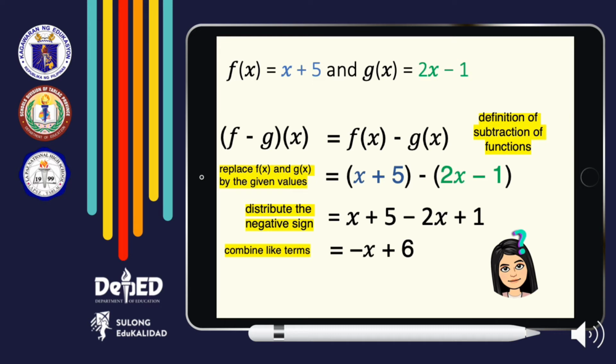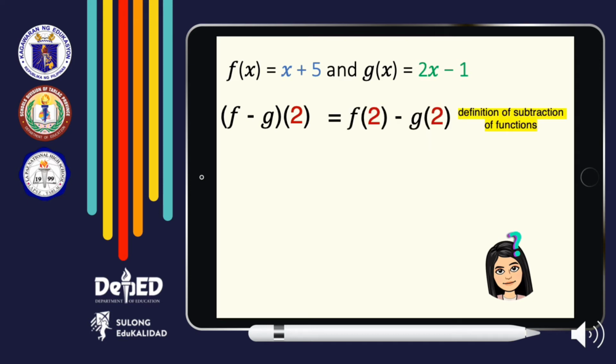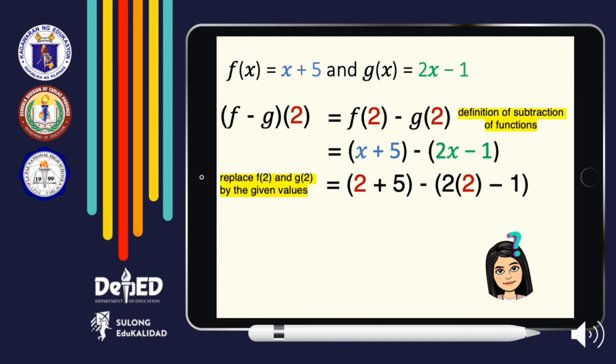Now, how about when we have a certain value of x? Using the same functions, let us find (f - g)(2). Our first step, apply the definition of subtraction of functions. So, we have (f - g)(2) = f(2) - g(2). Again, this just means that we are going to substitute 2 to all the x's of the given functions. So, we have to replace f(2) and g(2) by the given value.